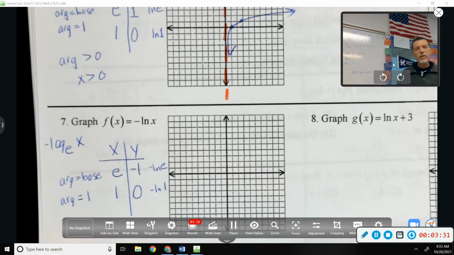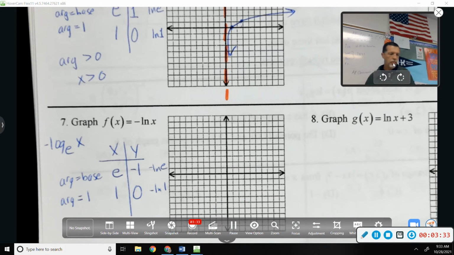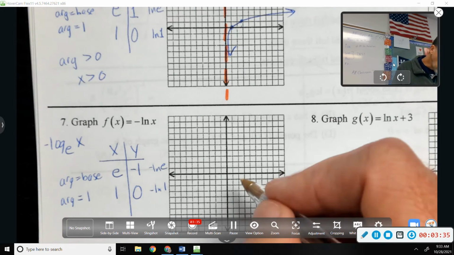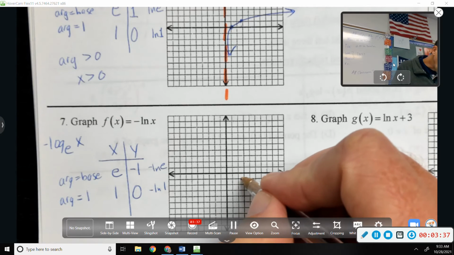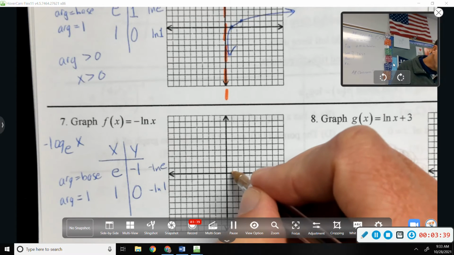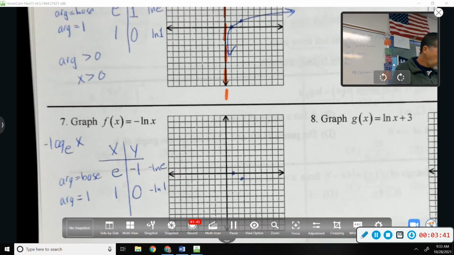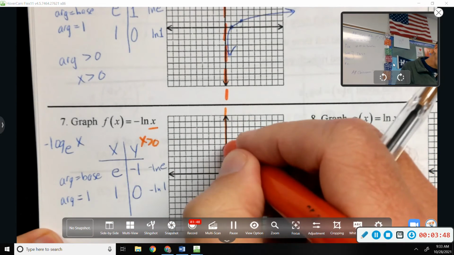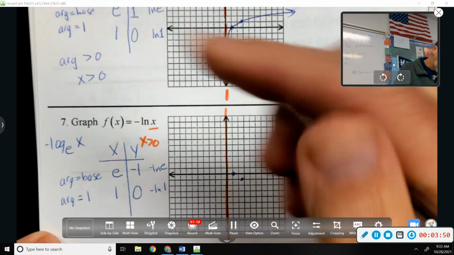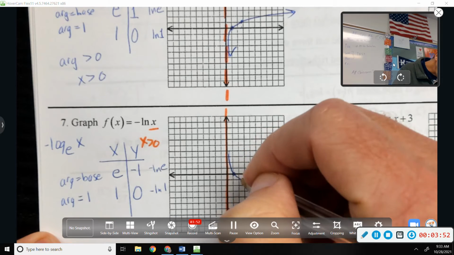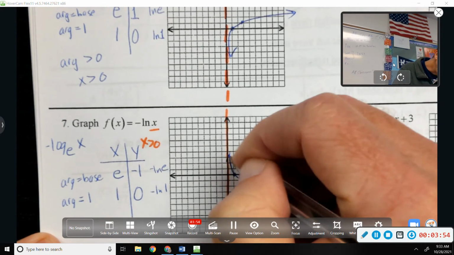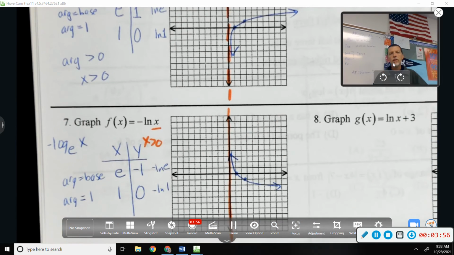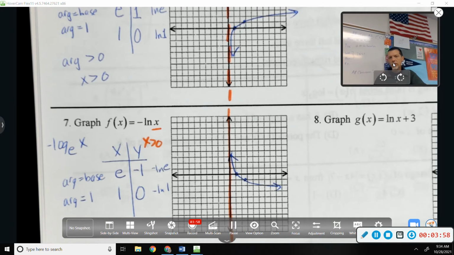And negative 0 is still just 0. So e, negative 1 and 1, 0. And my asymptote didn't go anywhere because that's just looking at the argument. So there's my picture for number 7, using the argument equals base, argument equals 1 method.